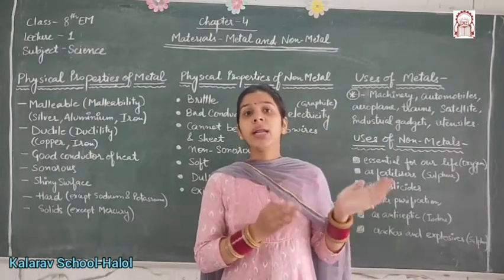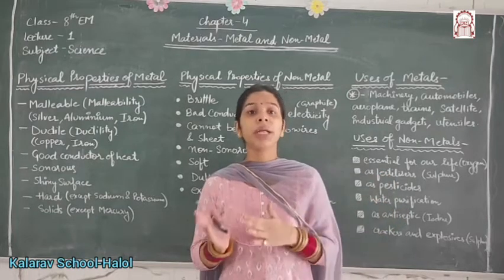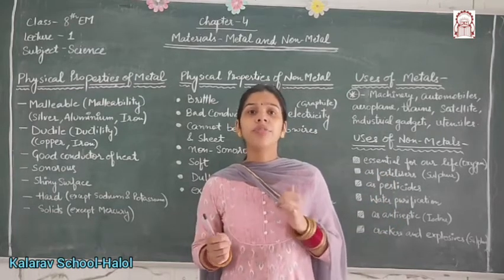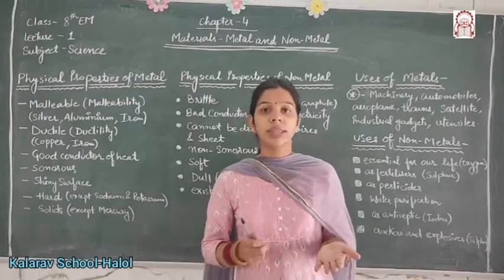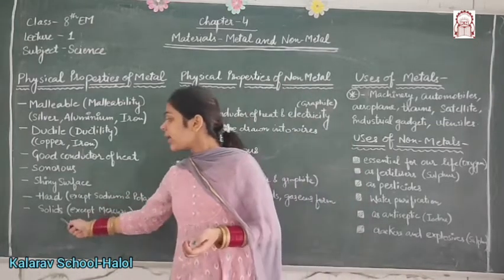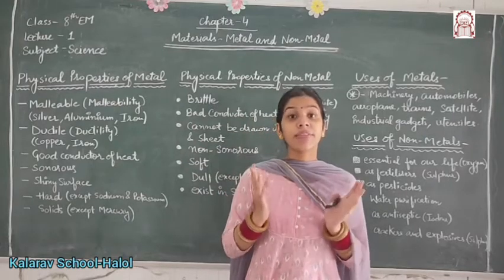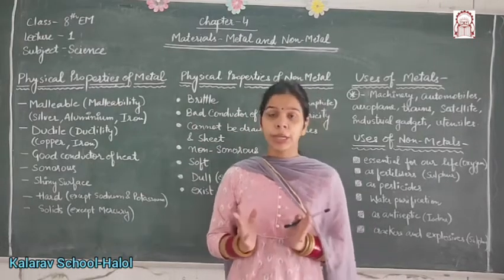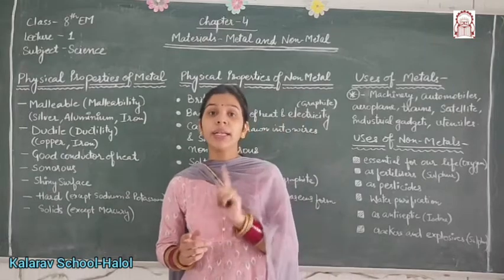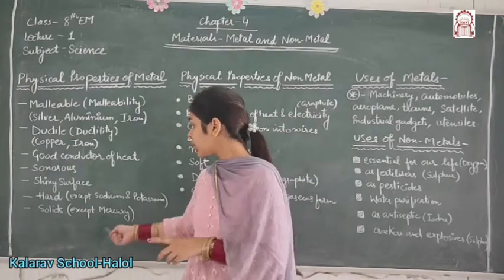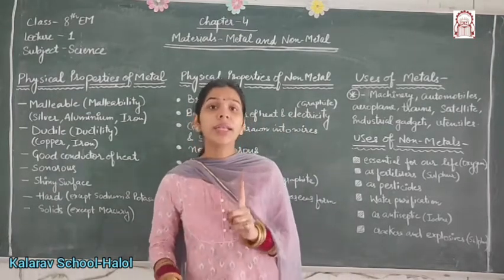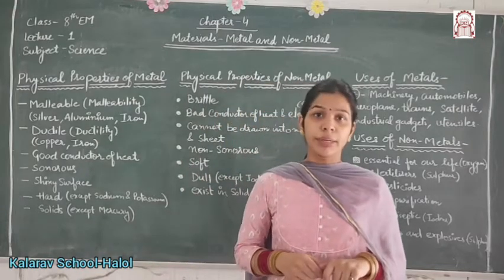Other metals are hard in nature but sodium and potassium are soft in nature, so they can easily be cut with a knife. All the metals are solids. Solids have property that they have definite volume and definite shape. So metals are solid, but here is an exception. Mercury is a metal, but it is liquid at room temperature.